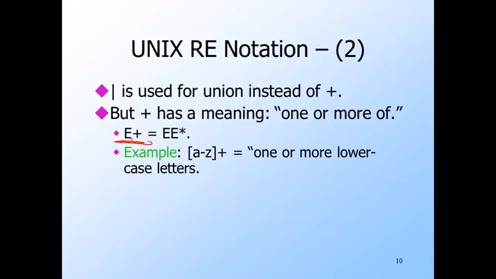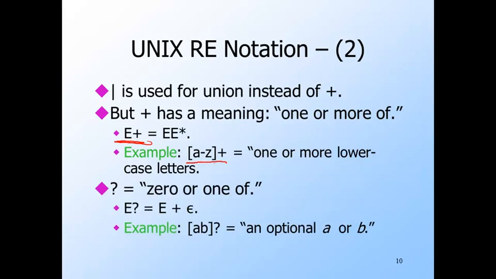So for example, a-z plussed means one or more lowercase letters. The question mark operator is also used like star but means 0 or 1 of. That is, E question mark is shorthand for E plus epsilon. So, for example, [AB] question mark means an optional A or B. We would write it in our original notation as A plus B plus epsilon.